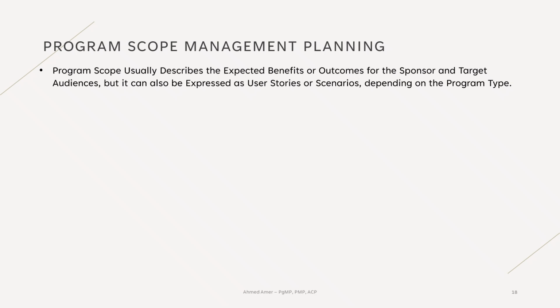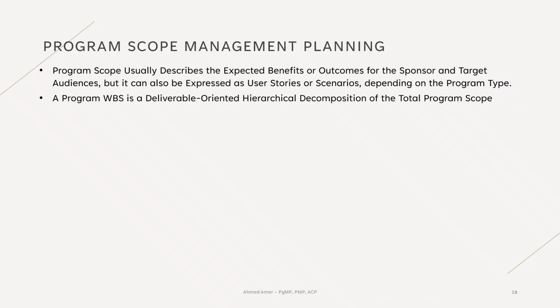Program scope includes all benefits to be delivered by the program and is represented in the program work breakdown structure, or WBS. A program WBS is a deliverable-oriented hierarchical decomposition of the total program scope, including all deliverables produced by the program's components. Anything not included in the program WBS is simply outside the program's scope.